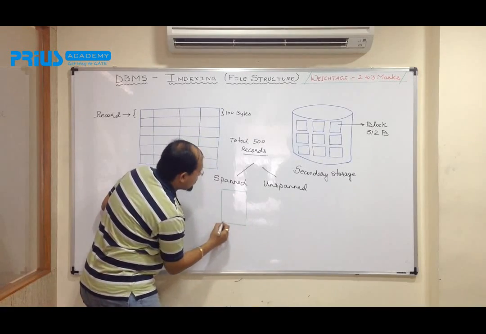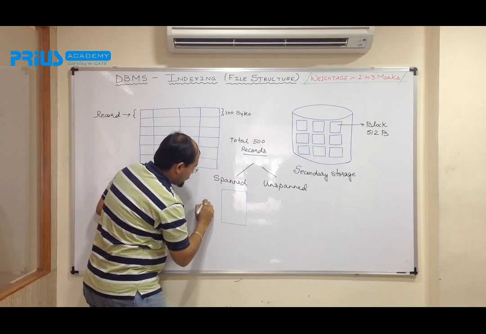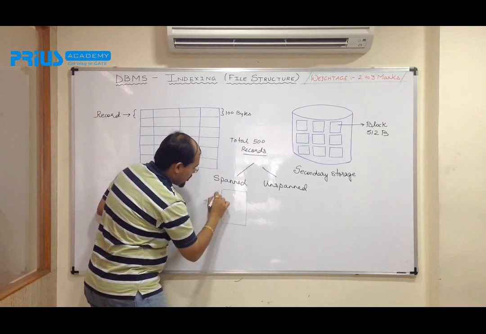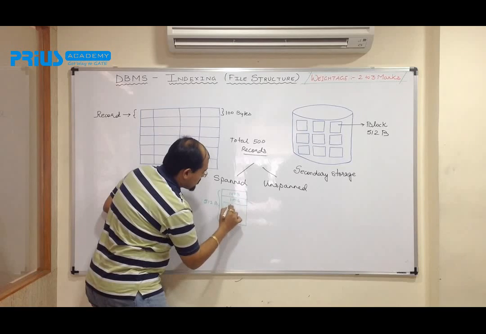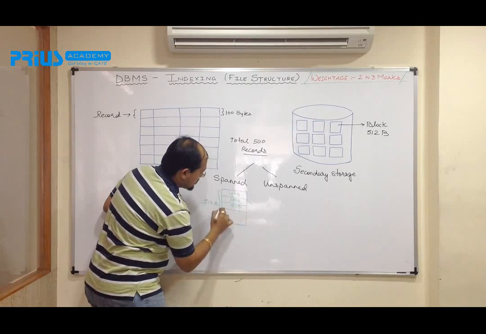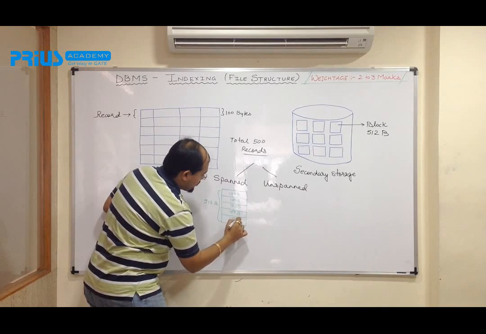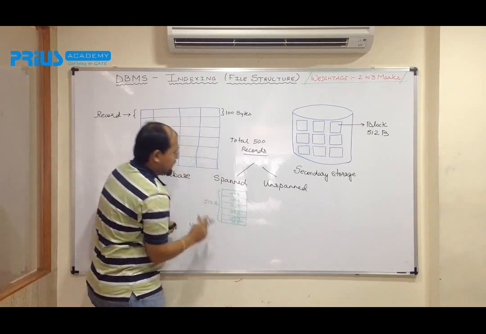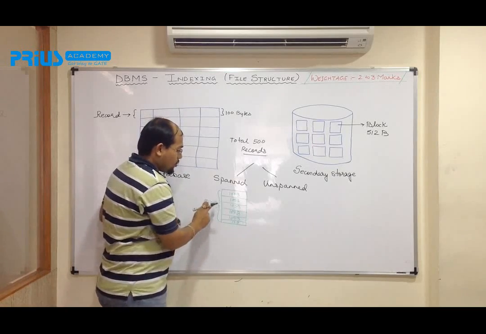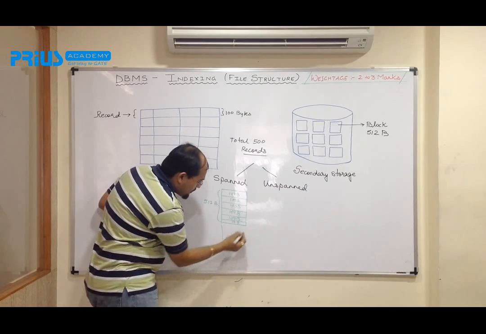Taking the current data, each record is 100 bytes, and if I consider this to be a 512 byte block, this is my first 100 byte record, this is the second, third, fourth, fifth 100 byte record, and now only 12 bytes are remaining. In a spanned organization, it will consume these 12 bytes and continue with the second block.